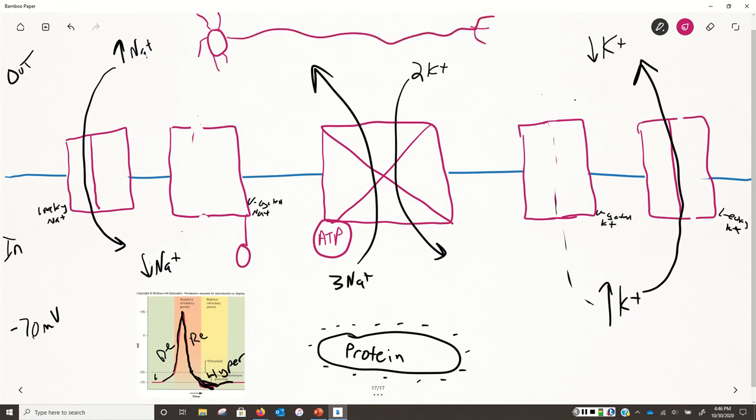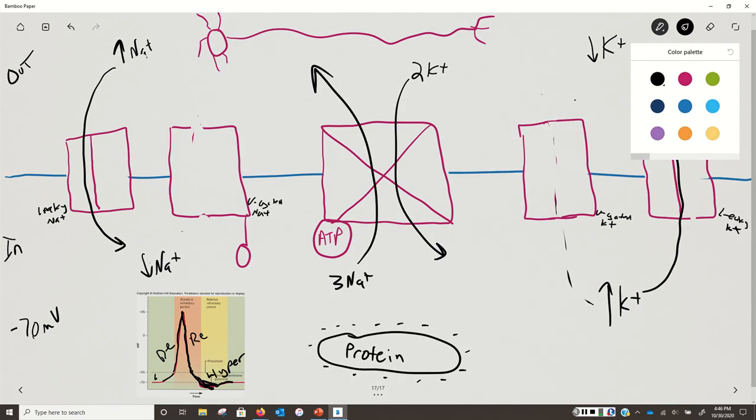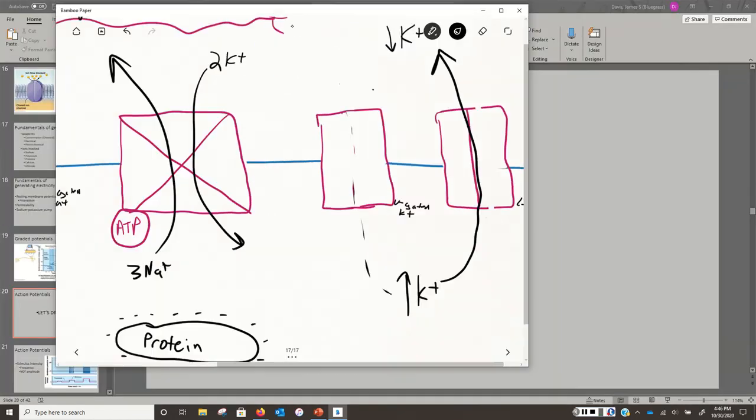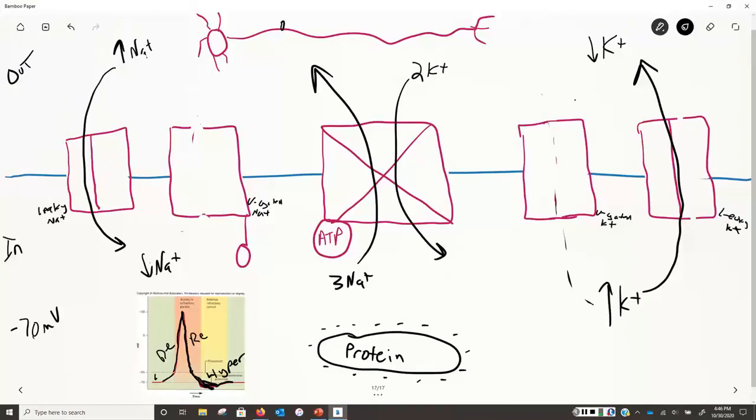Well, what we have drawn here is a very small location right there. And this whole thing repeats thousands of times along the axon. So just to the right of what we have drawn here, it's going to repeat.